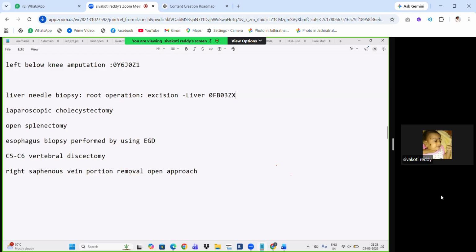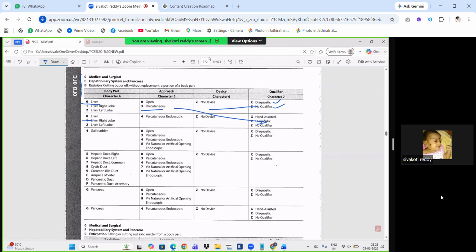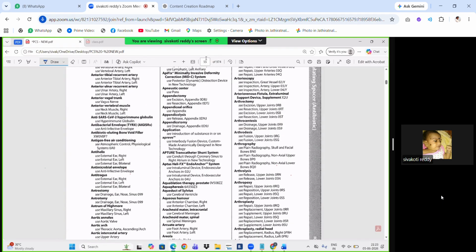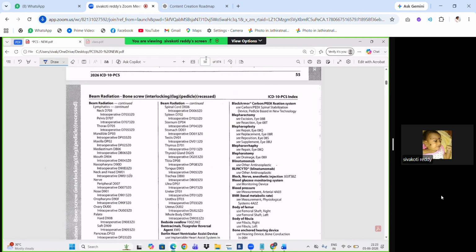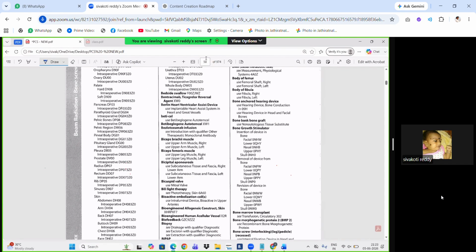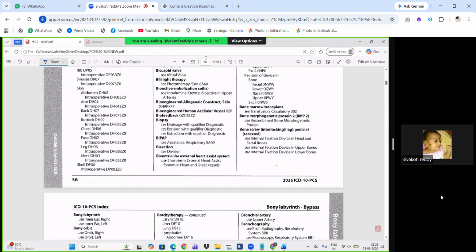Now you don't know the root operation. You are going directly to biopsy, based on the procedure term you are going. You do not remember the root operation, so you are going directly to the biopsy heading. See here what they mentioned under biopsy.